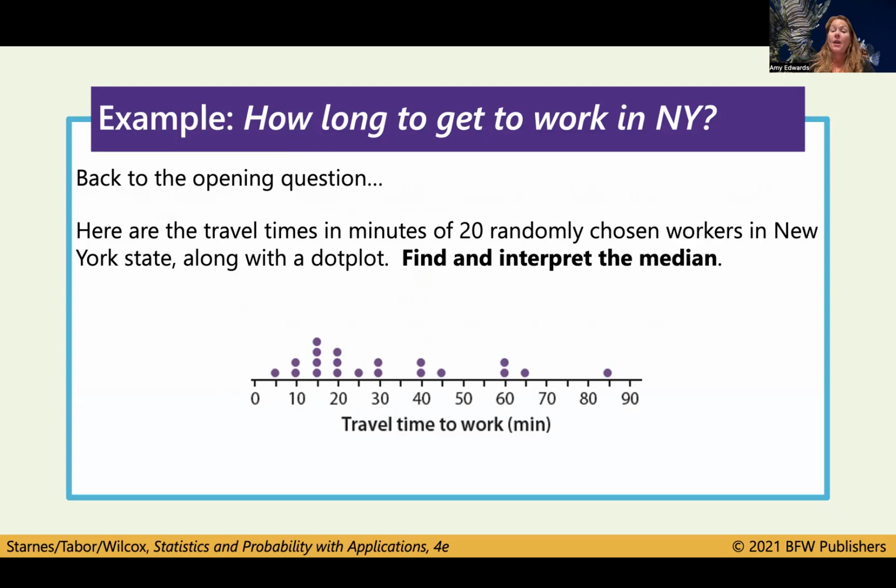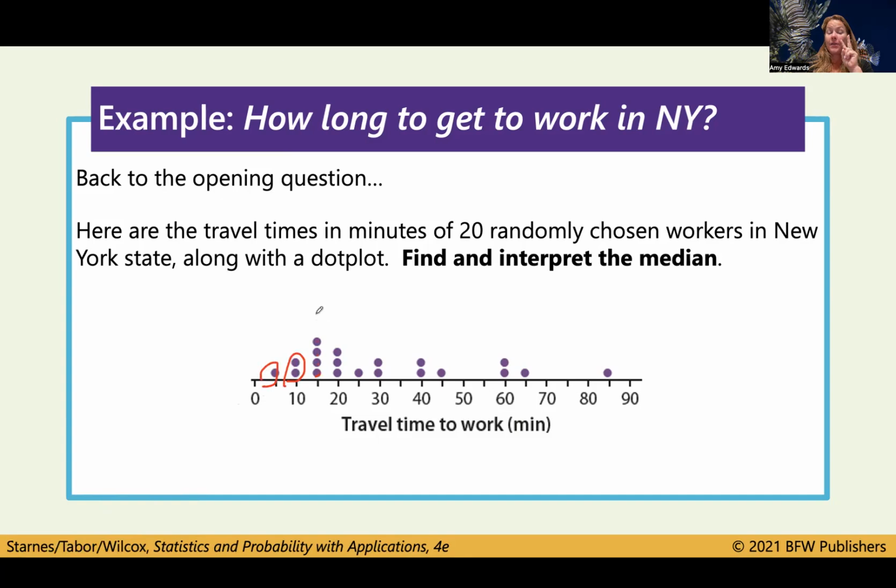Okay. Now, another way for me to do this is it says there's 20 here. 20 divided by 2 is what? 10. It's an even number, so it's the 10th and 11th number that I need to take the average of. So I can come here and count if I want to. Here is 1, 2, 3, 4, 5, 6, 7.